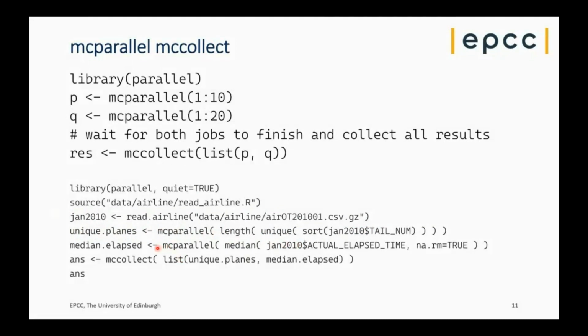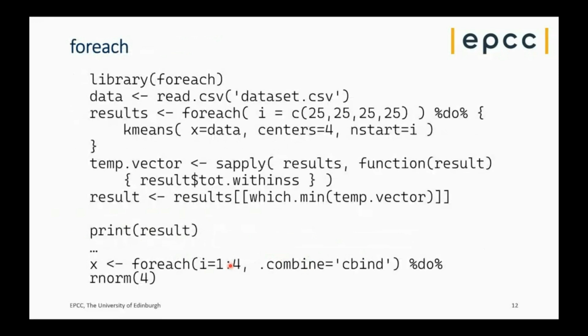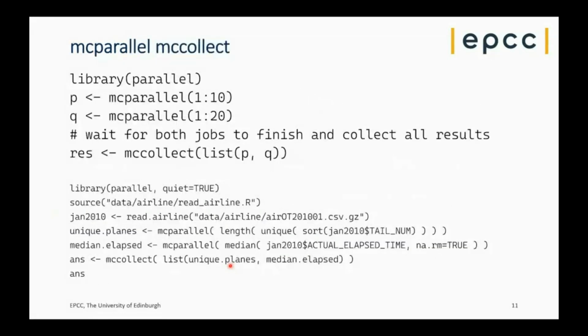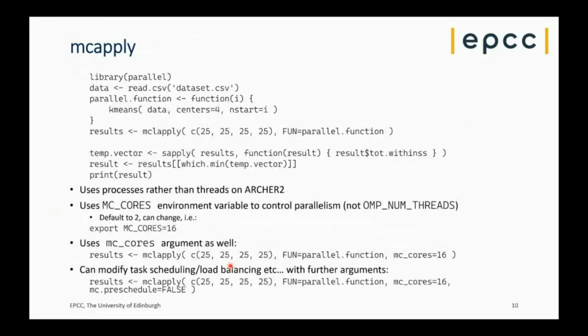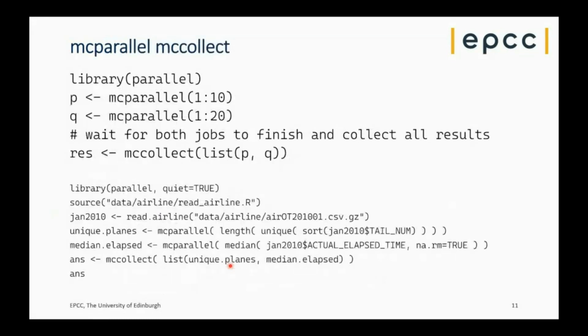We can also at the same time do a median and then collect them together into a single data structure. And that will go off and do some parallel work for us. So the parallel library provides a bunch of functionality to parallelize applying functions, and some built-in functionality to parallelize other things as well.